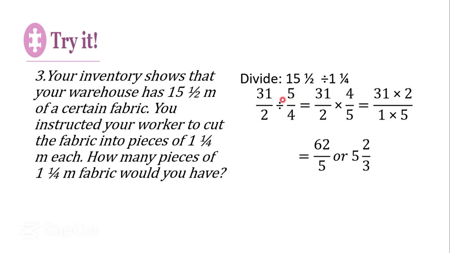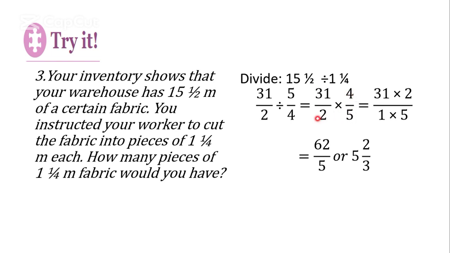Next step, division sign to multiplication sign. That's it. Then, getting the reciprocal of your divisor, 5 over 4 to 4 over 5. Next, cross cancel. We cannot cross cancel 31 and 5. There's no common number na.